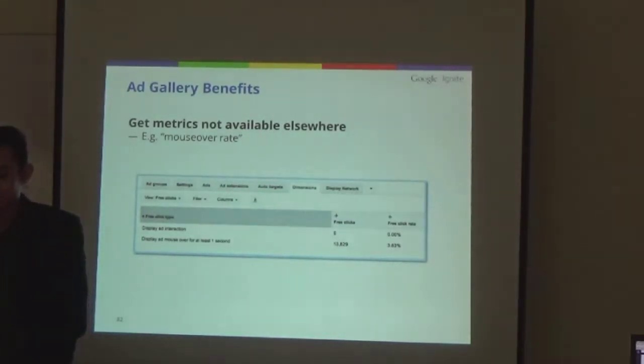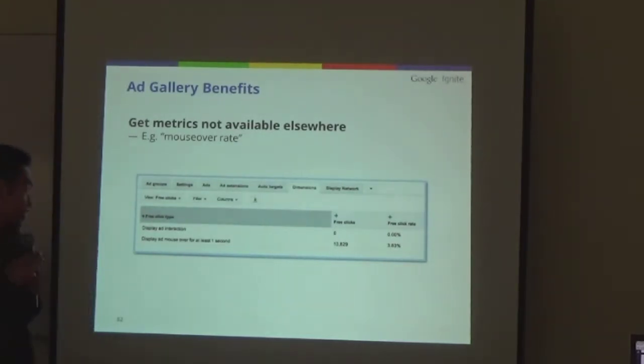If you use Ad Gallery, you can have a report that tells you how many people interact with your ads and how many of them click on your ad, where they mouse over and stuff like that. So this term called mouse over rate is available only if you use the Ad Gallery feature in GDN.